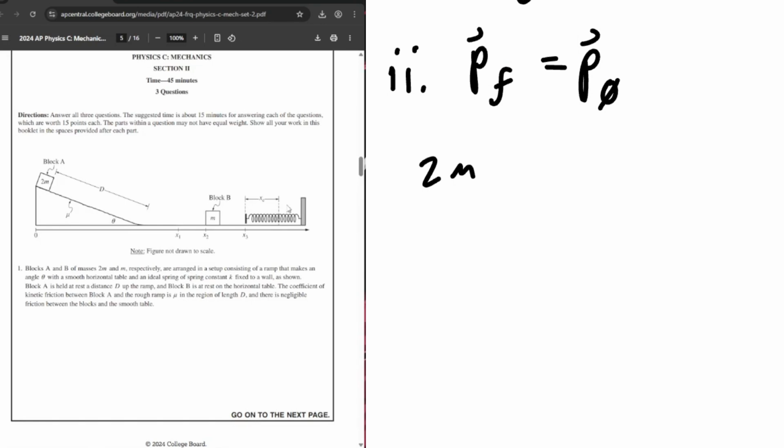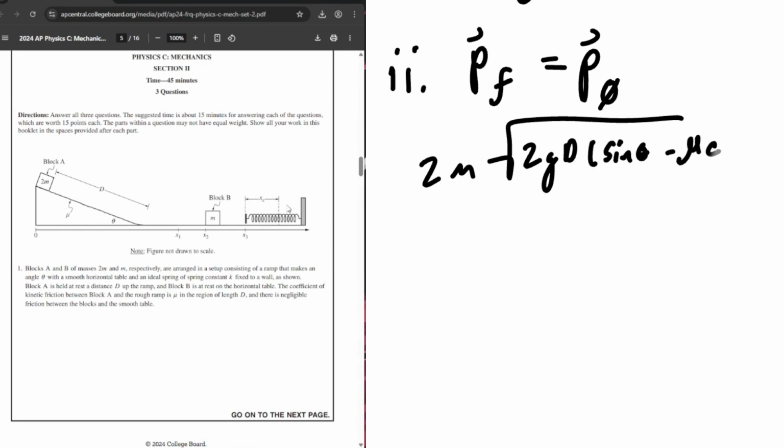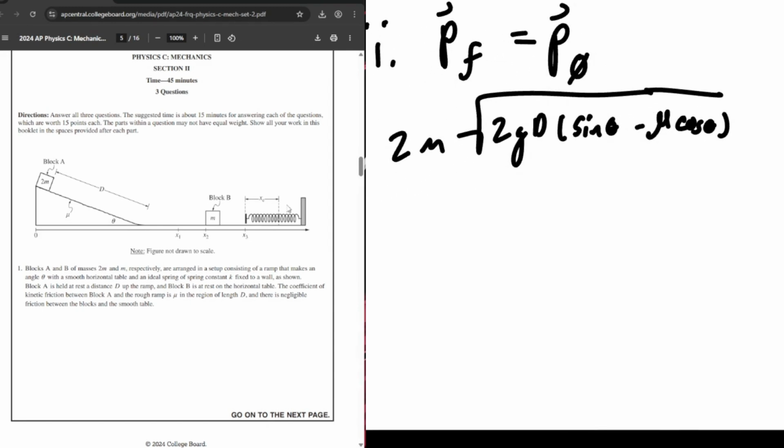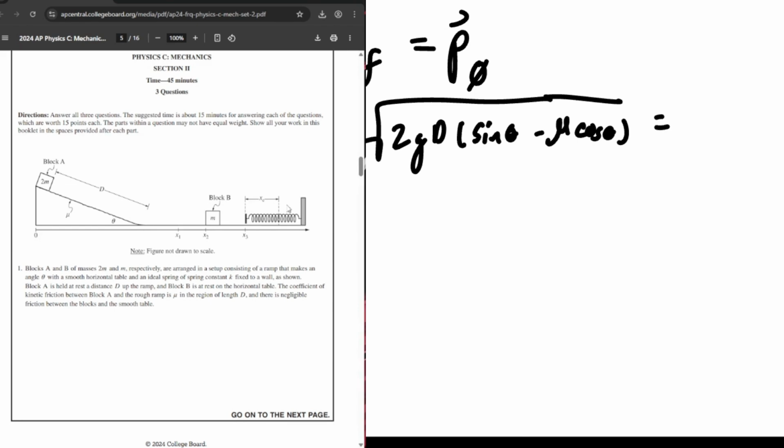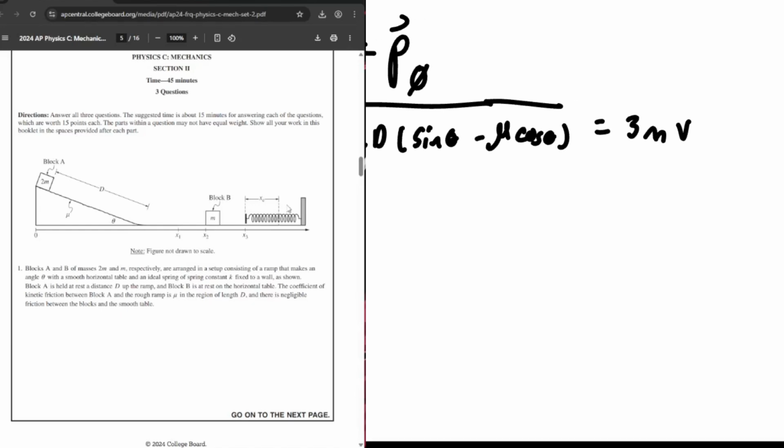And we'll sub in our v naught: 2m square root 2g d times sine theta minus mu cos theta. And leave it like that, right? So this is just mv. Now let's say, what's the final momentum? Well, since the blocks stick together, we're going to add their masses and treat them as a system. We're going to call it 3mv.